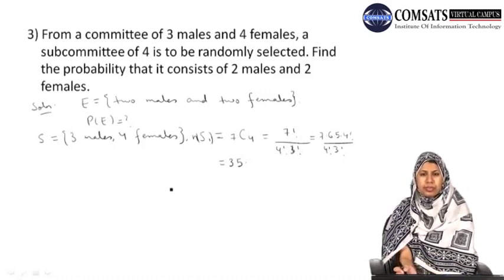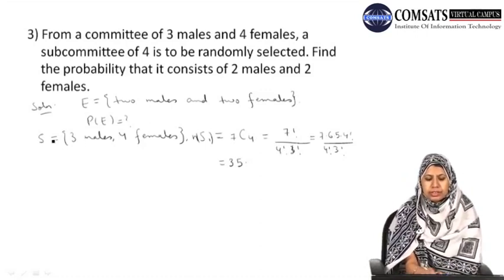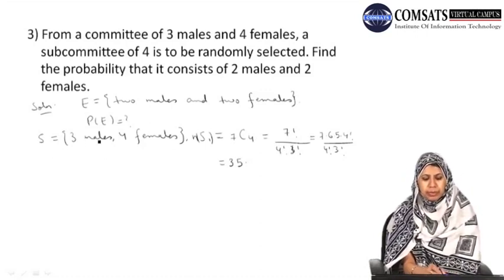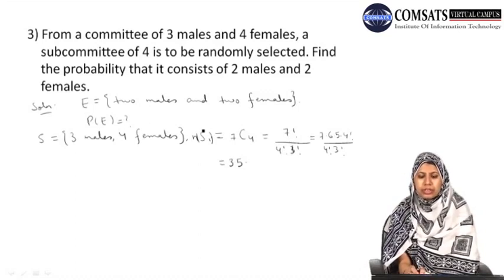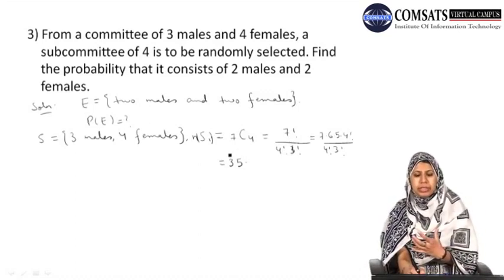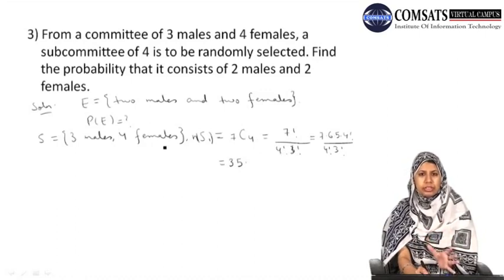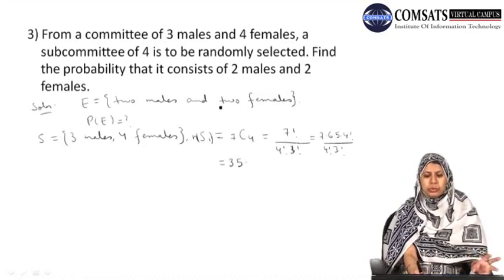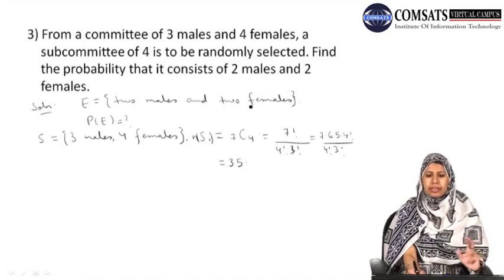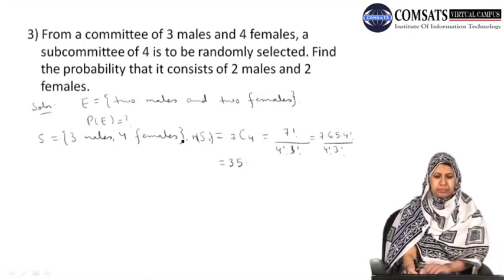So this is the size of our required sample space, and we will not consider the size of the committee because we have to deal with the subcommittee. So we have to find the possible outcomes which we can select randomly from the given original space. So these are the possible outcomes, which tells us that 2 males and 2 females can be selected randomly from a committee of 3 males and 4 females.